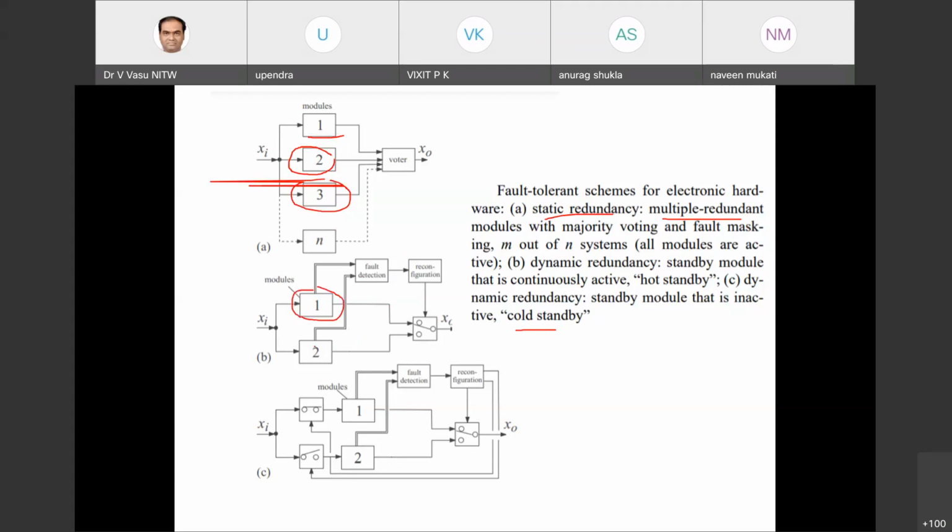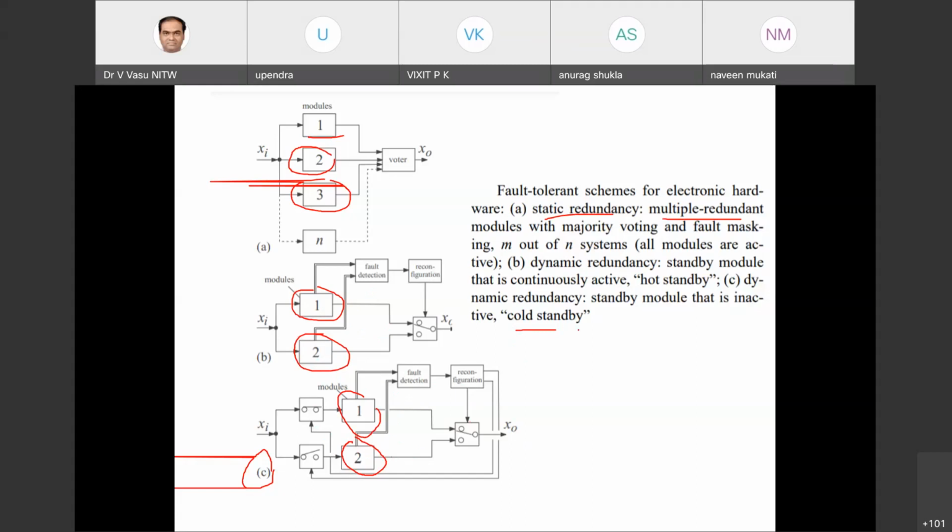The second system is also continuously running, and whenever a fault occurs in system one, system two also gets connected. In the third category of fault detection systems, the second standby system is kept aside and gets activated only when the fault is detected and the first system has failed. In the earlier case, both the first and second systems act continuously, whereas here the second system is activated only when the first system has failed.